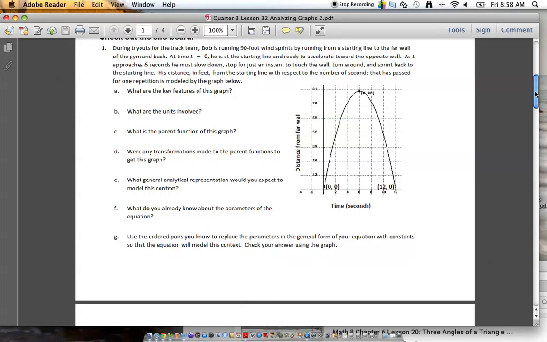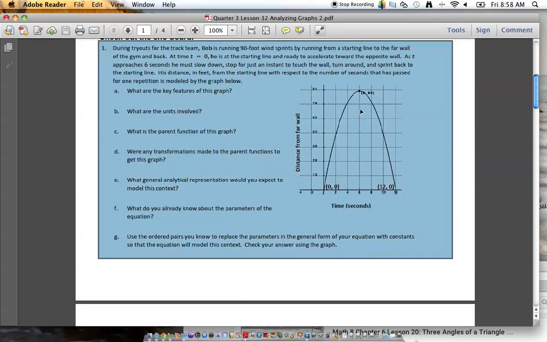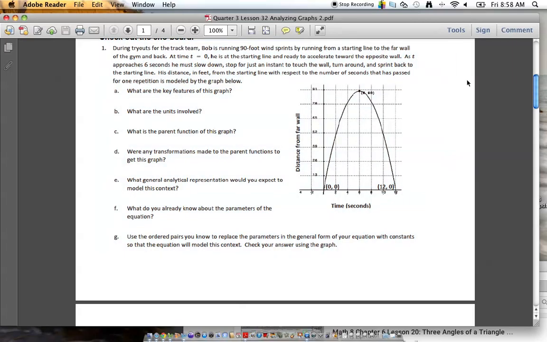Horizontal, vertical shift, right? Do you see how they're tricking you here? Do you see how this looks like 1? No, not really, because what's 1 box worth? Does that say 91 to 78? It says 9.1 to 7.8.